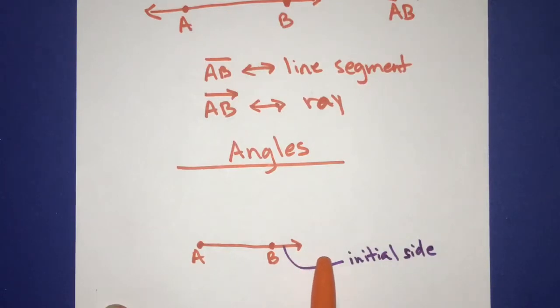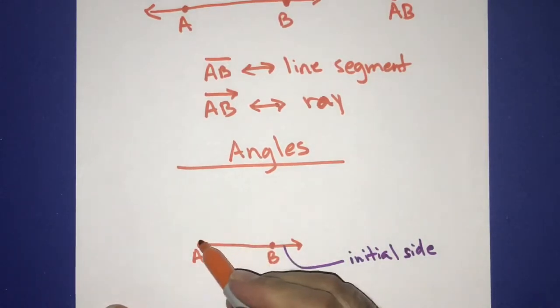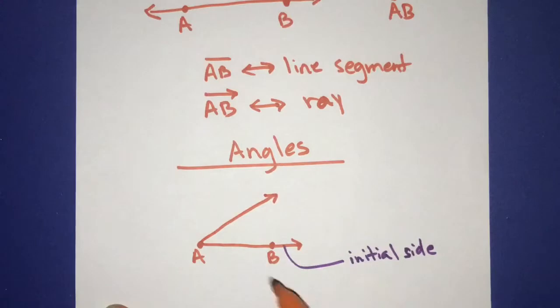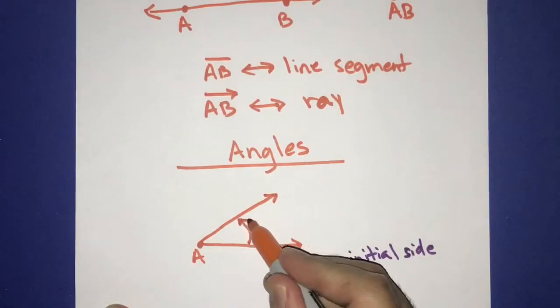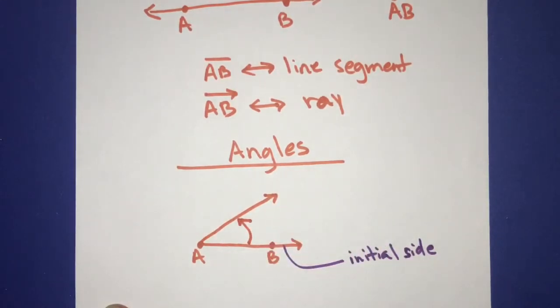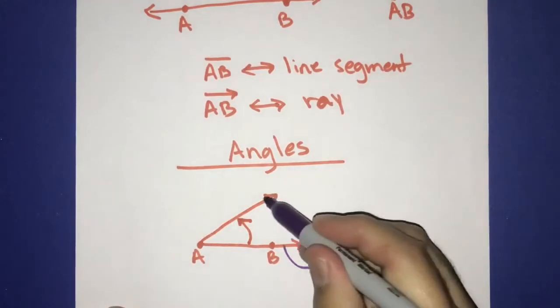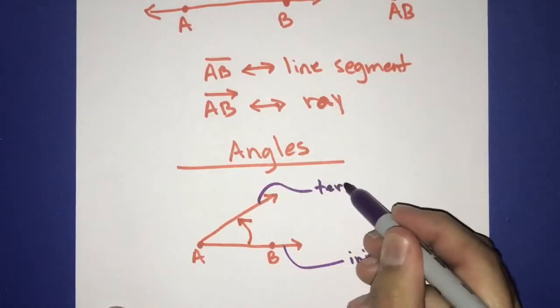And so we can form an angle by rotating this ray around its endpoint. Okay, so the initial position of the ray is called its initial side, and the ray in its position after we perform a rotation about this point is going to be called the terminal side. Okay, so this was our rotation. And now this was our terminal side.